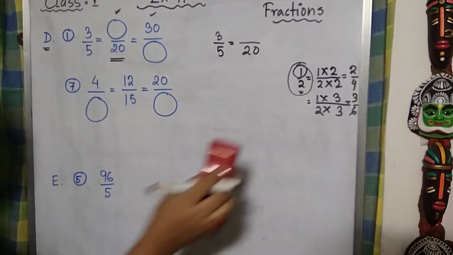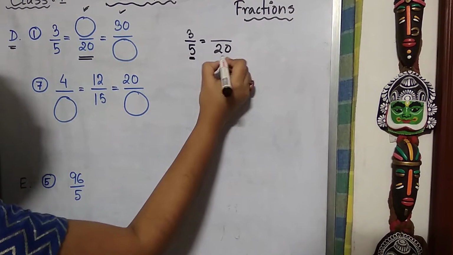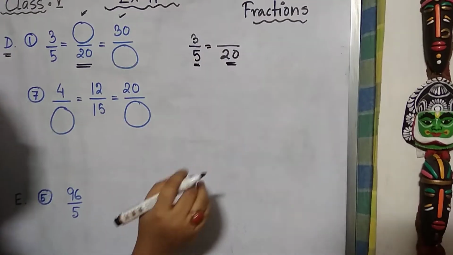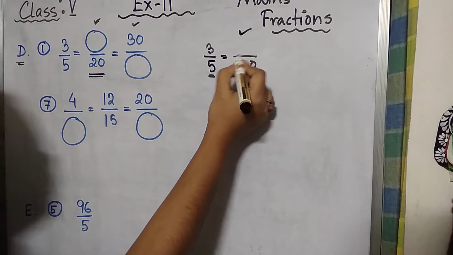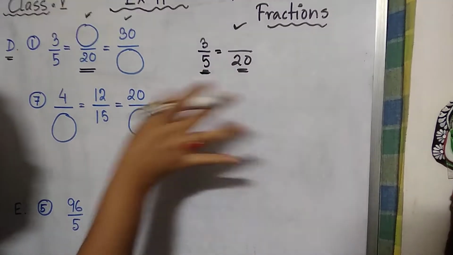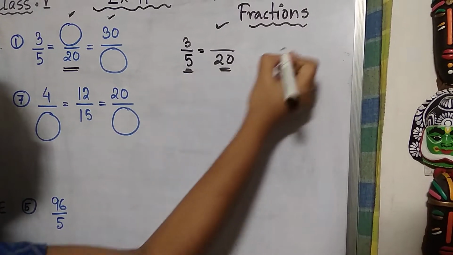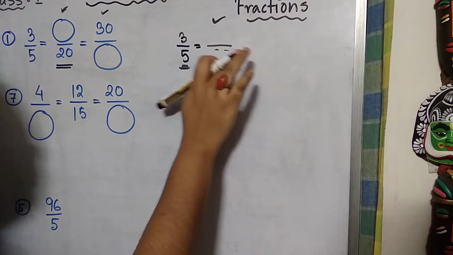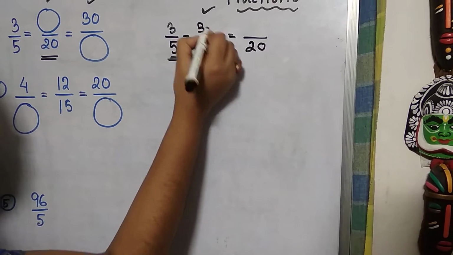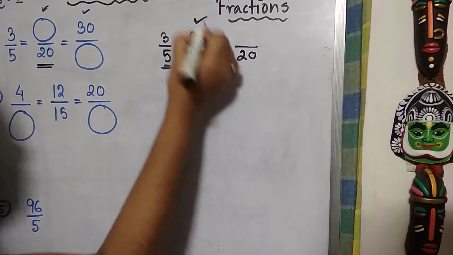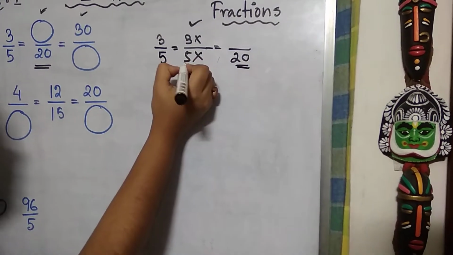Here, in case of 3 by 5, we are going to tally the 5 and 20, because we already know that 20 over something is going to be the equivalent fraction of 3 by 5, where 20 and 5 have a relation between them. So how do we find the relation? We write it again, then multiply both by a similar number that results in 20.